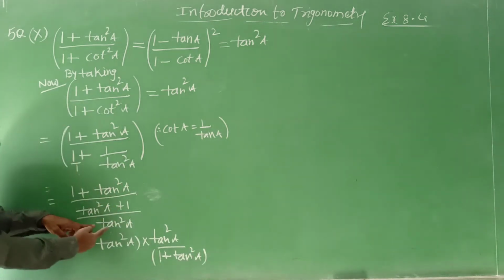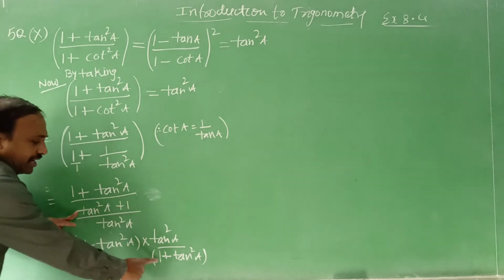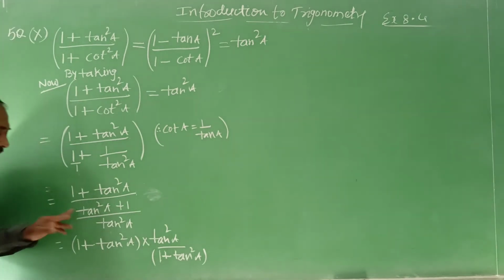Observe it, this comes to the numerator part, tan square A plus 1, or you can write 1 plus tan square A, both are the same.